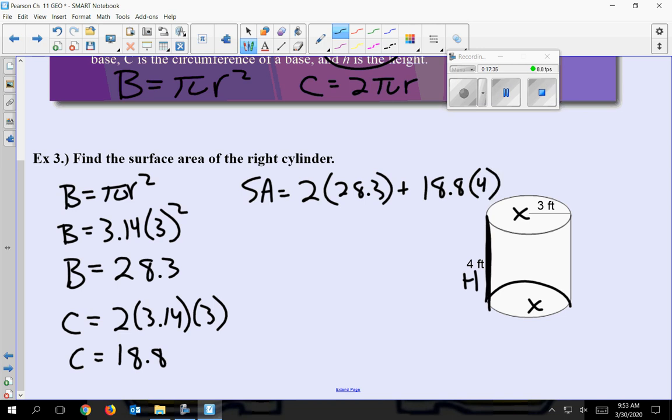So using those definitions, I'm going to let you go ahead and multiply all this up and add it. If you want to hit pause, you can do that.